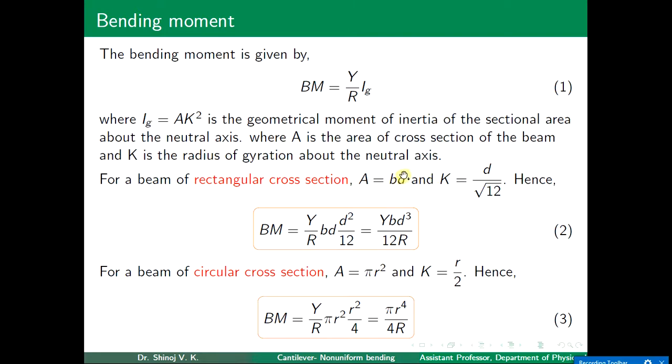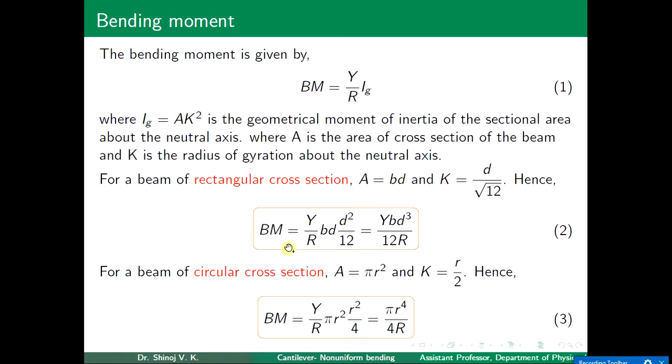The geometrical moment of inertia is the product of the area and the square of the radius of gyration. The area A is equal to B into D and K will be D by square root of 12. This is the expression for A and K for a rectangular beam, where B is the breadth and D is the thickness of the rectangular beam.